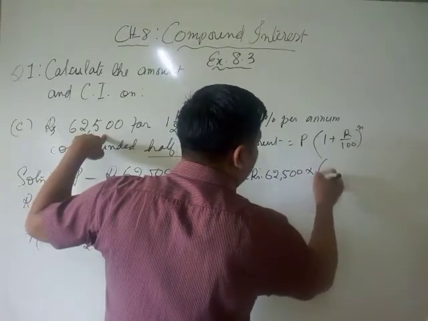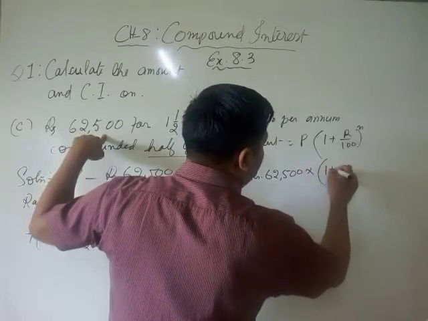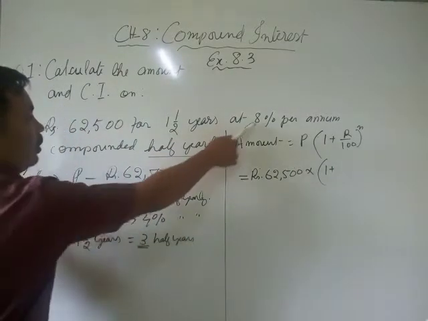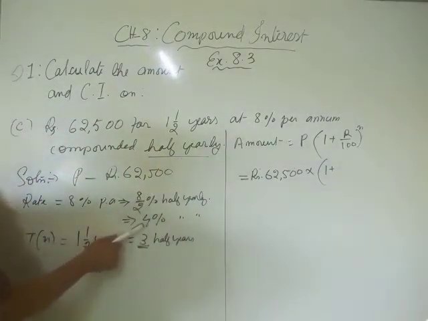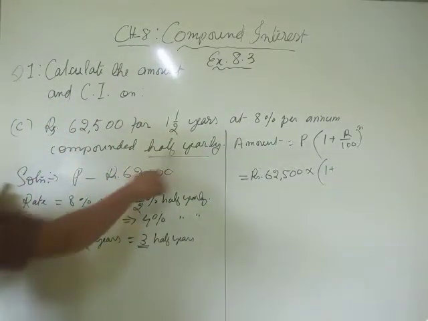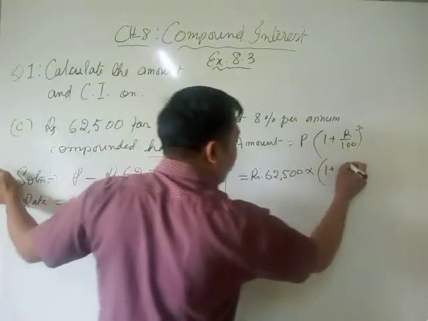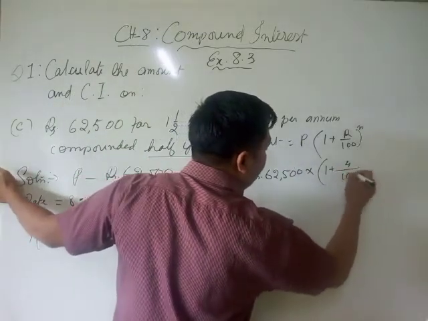Then into, in the bracket, 1 plus R upon 100. R we will not take 8, we will take 4 here because we have to find out for the half yearly, isn't it? Then R will be 4 by 100.